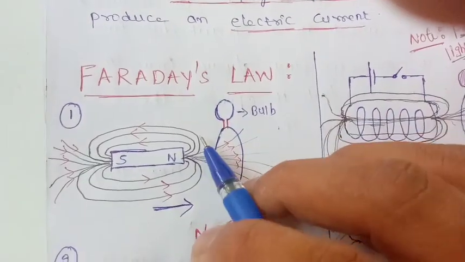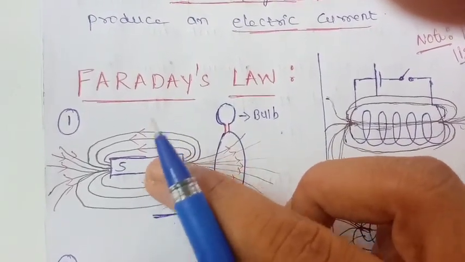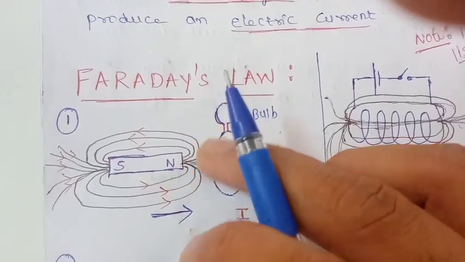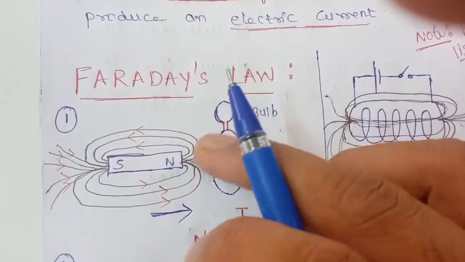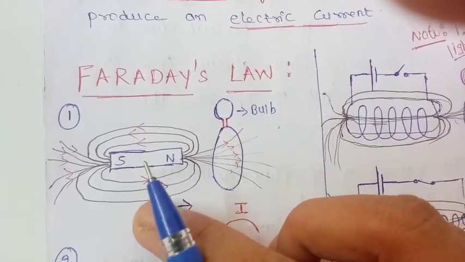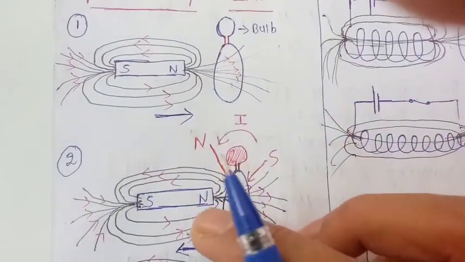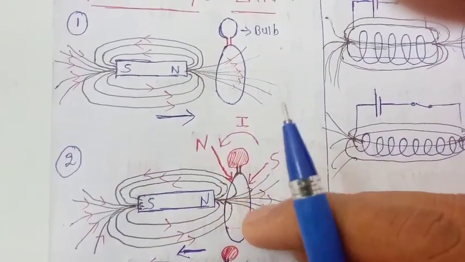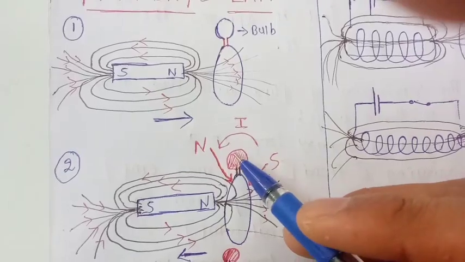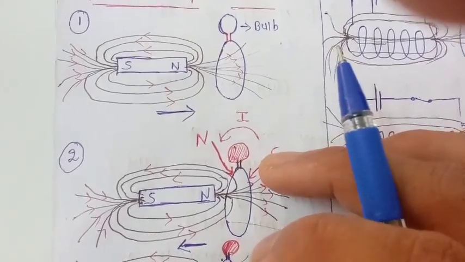It is a coil or a closed circuit, and actually Faraday placed a galvanometer here, but we have placed a bulb here. Faraday observed that a magnet has a magnetic field, but this magnetic field is not creating any electric current. After that, Faraday moved this magnet in this direction, nearer to the coil, and he observed the bulb flash for some time.